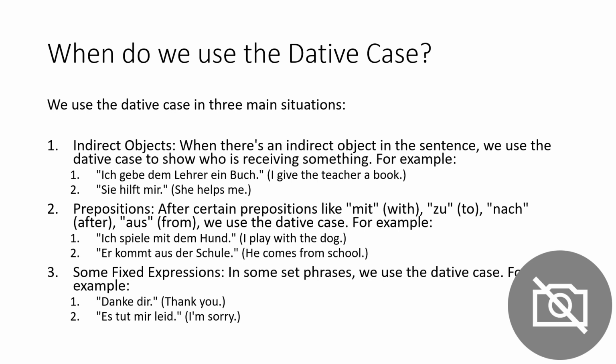Let us refer to these prepositions as dative prepositions. Some generally used dative prepositions are mit, zu, nach, aus, außer. There are several others, but in my daily life, I use these more than the others.